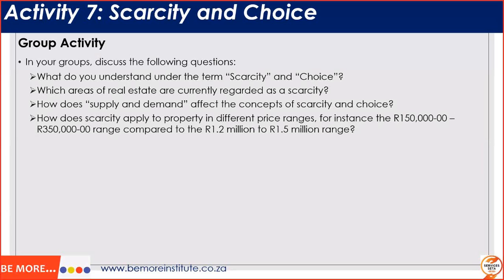So we will need to do some research. We will need to look at this current point in time: what is scarce, what are people looking for and not finding. People are struggling to pay their bonds, so what does that mean?